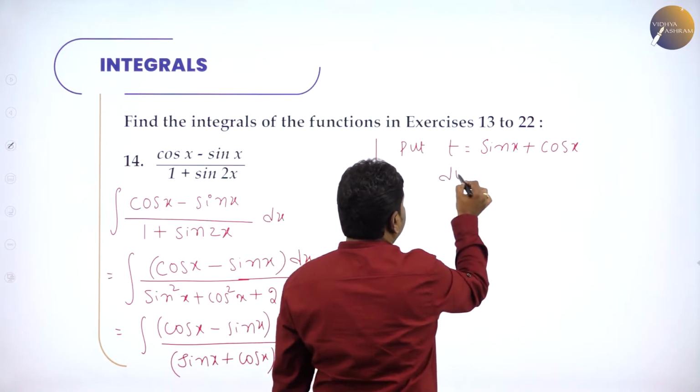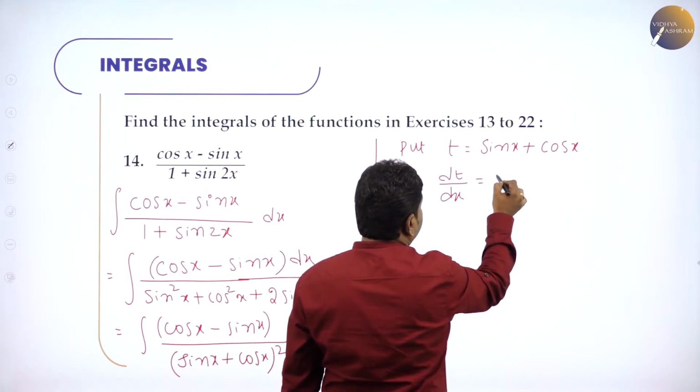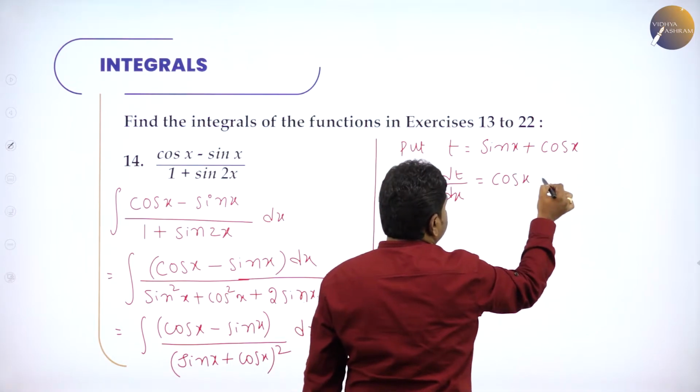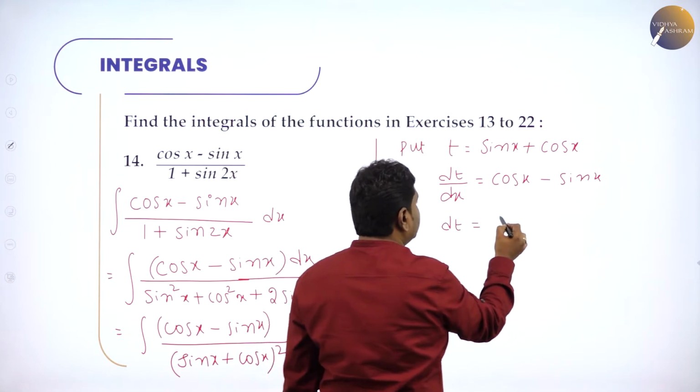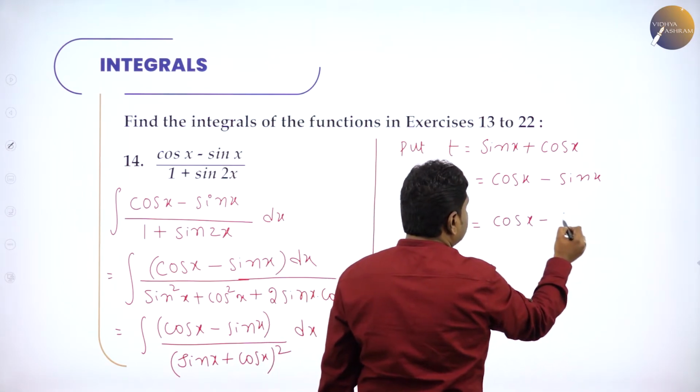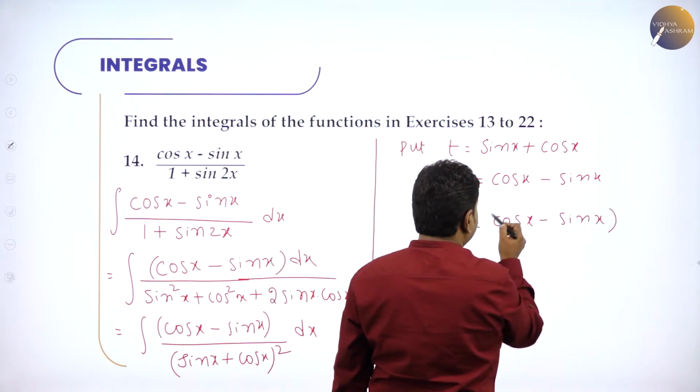So dt by dx, the derivative of t: the derivative of sin x is cos x and the derivative of cos x is minus sin x. This is your numerator. What is dt now? dt is cos x minus sin x into dx.